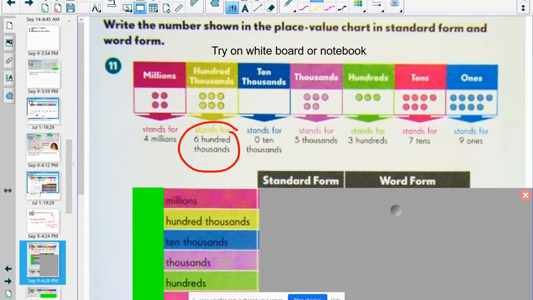Do some word form practice in your groups. Maybe that's something you could ask your teacher to do. And the other one could be just the standard form of a number, like 4,782. All right. So let me back up and clear this out.